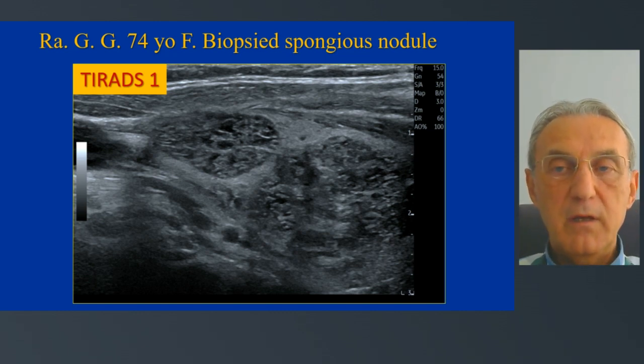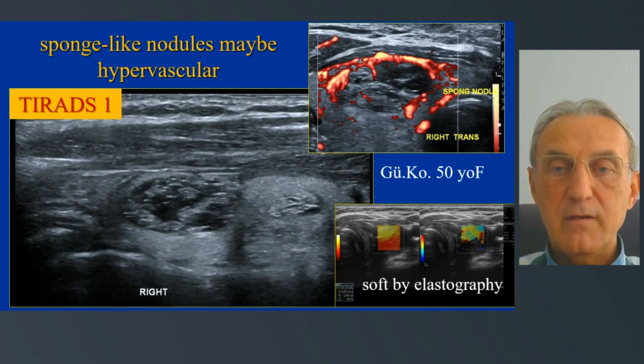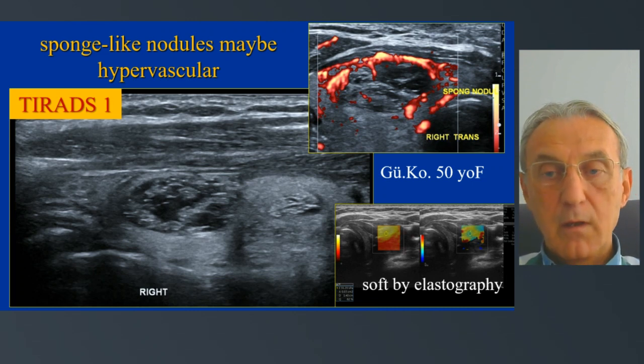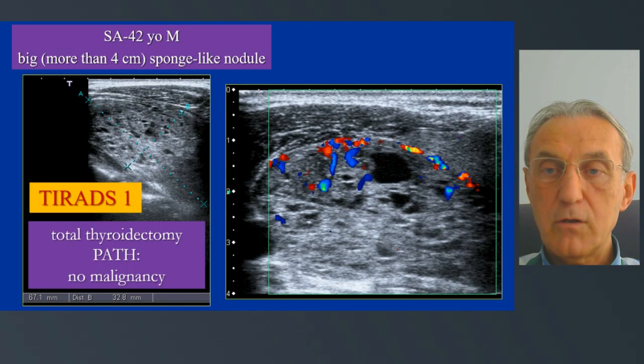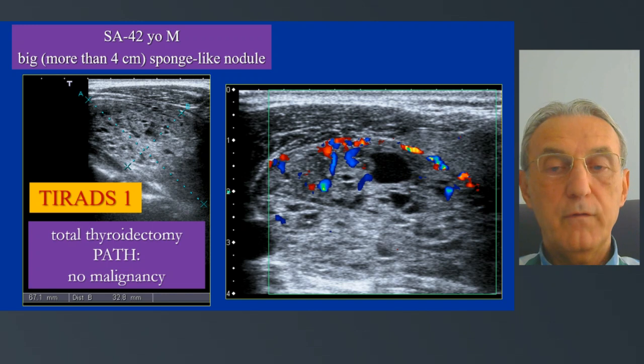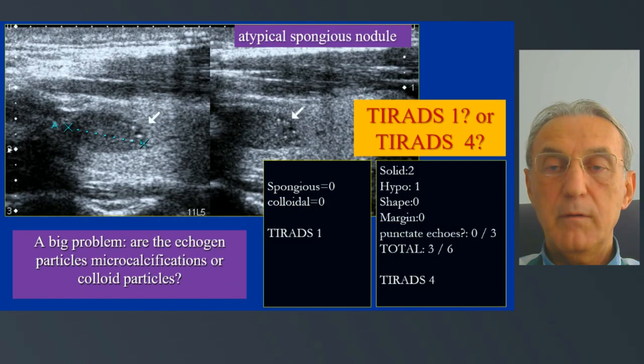Still, if they are big, they should be biopsied. But in the ACR criteria, spongious nodules should not be biopsied. We can see with color Doppler that these nodules may be hypervascular, these sponge-like nodules. This was also taken out because of the anxiety for malignancy, but it was benign.